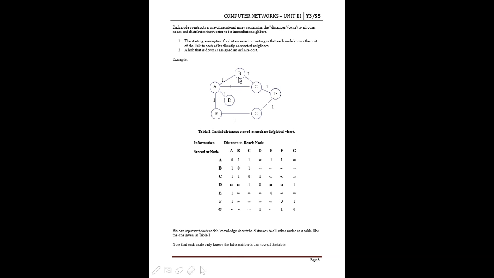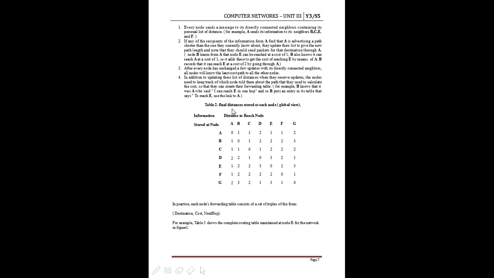Here you can easily identify B to E. The cost is 2, which is 1 plus 1, and the next hop is A. So where it travels is mentioned in the next hop. Then B to G.